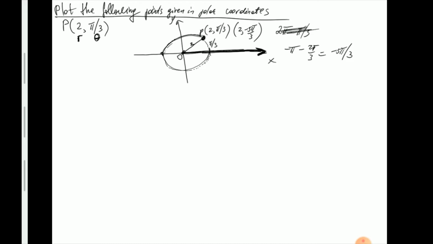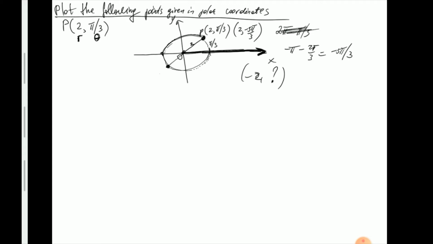What if you want to represent the same point with a negative r? Well, if you want to represent the point with a negative r, in other words negative 2, the question is what is the angle in that case? Remember the point with negative r should be opposite to the point with positive r. So this point P is going to be opposite to this point.